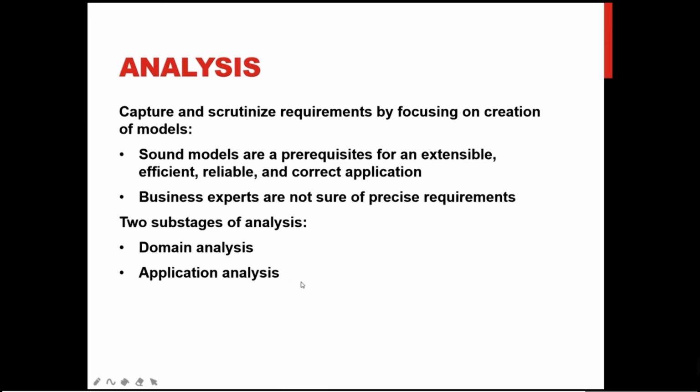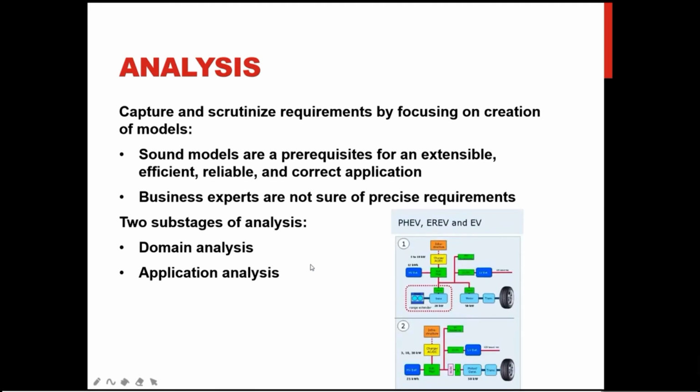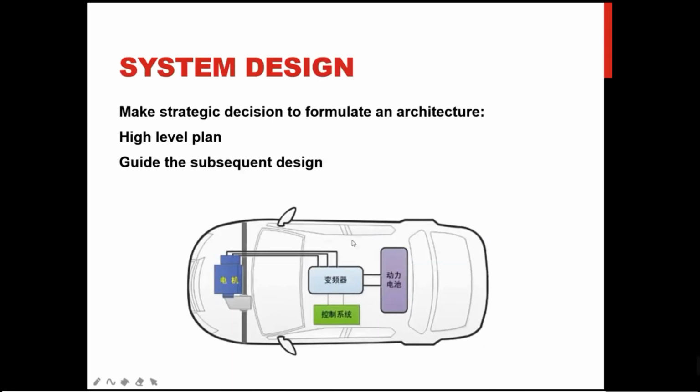But in the application analysis stage, we may consider, for example, the user interface of the app, and these are objects which can be seen by users, but they don't have a real-world counterpart. It means that we will build some models to analyze the system.